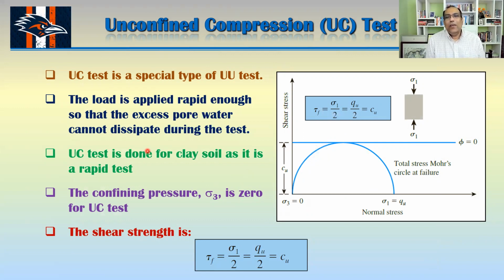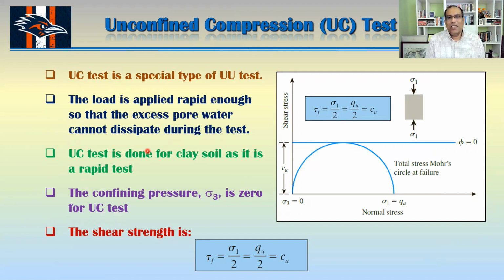You cannot run this test on sand because this is unconfined. Unconfined means your sigma 3 equals 0. So you cannot make any specimen or cylinder from dry sand when you don't have any confining pressure.